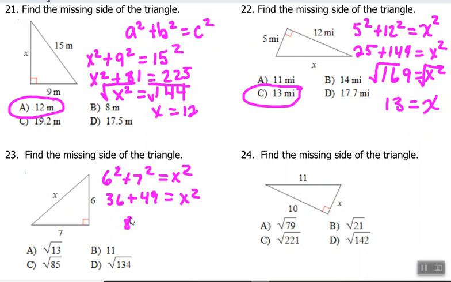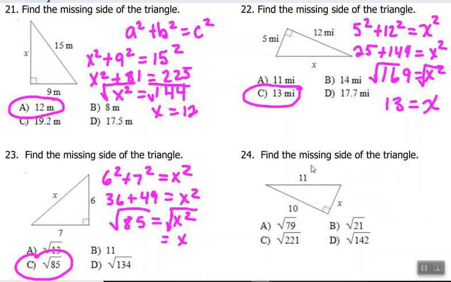And so I have 85 equals x squared. And if I want to find x, I'm going to take the square root of each side. I know the square root of x squared is x. And if I don't happen to have a calculator in front of me, or if I'm allowed to just say a radical, I can see this square root of 85 is the answer I'm looking for.